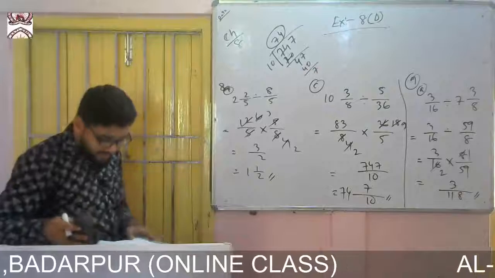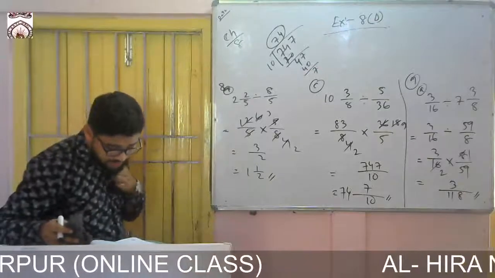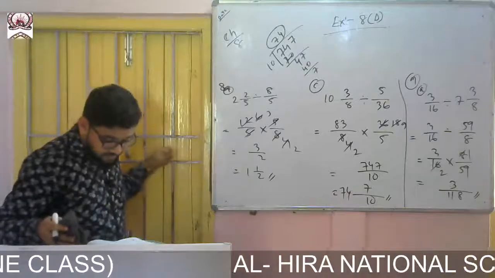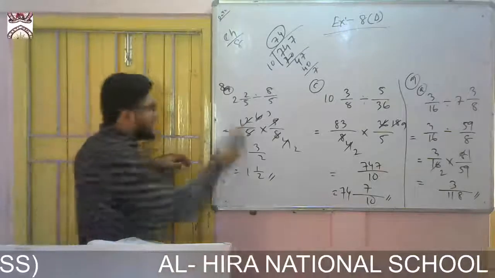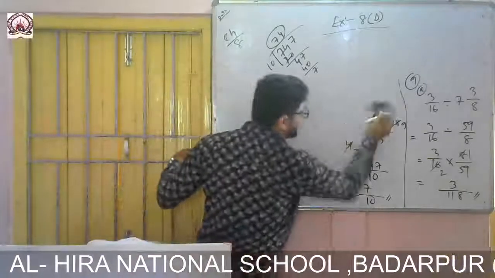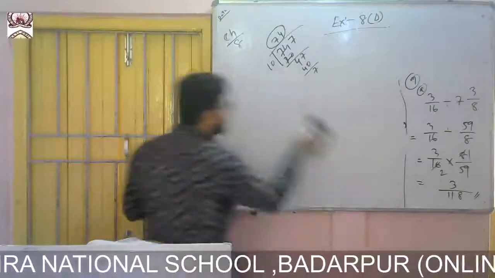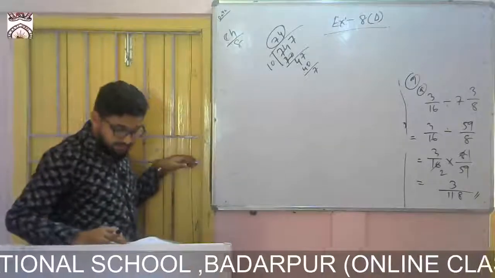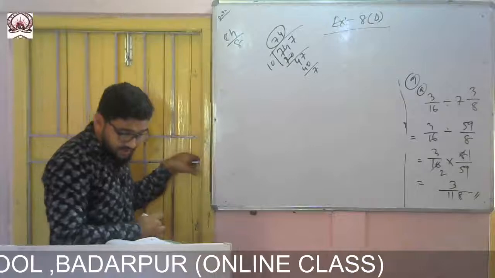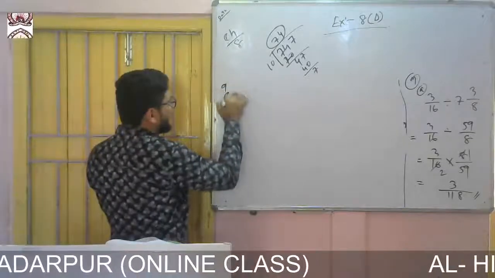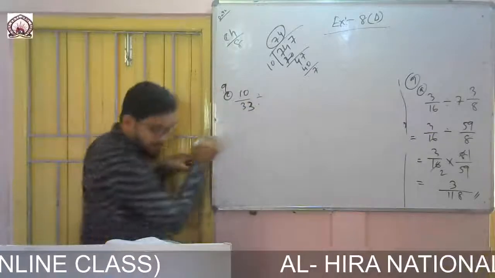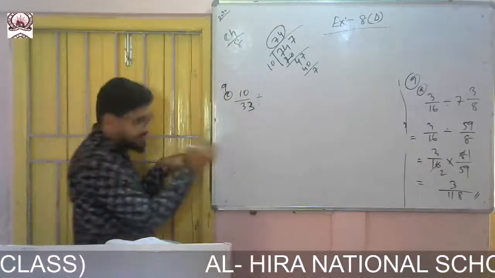Now come to question number 9, which one is big? Let me show. Come to C, it is big. So see what is there. 9C: 10 by 33 divided by 2 8 by 11.